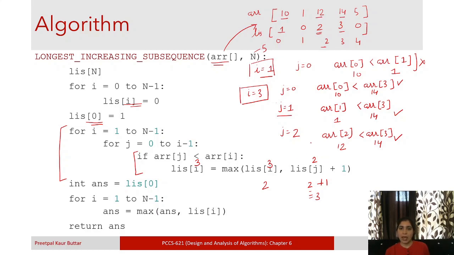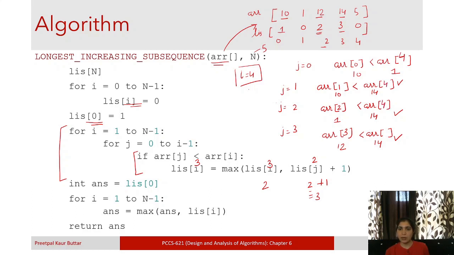Okay. And at last, we reach I equal to 4. So I is 4 now. And j varies from 0, 1 to 3. Right. So we will compare with array at 0, array at 1, array at 2 and array at 3. And it will be compared with array at 4.